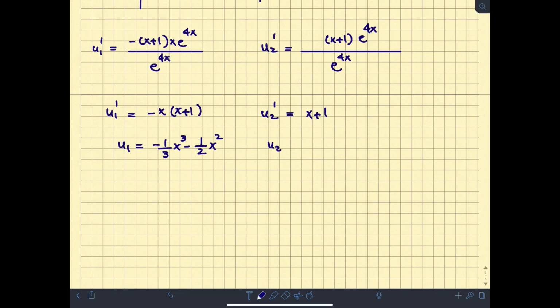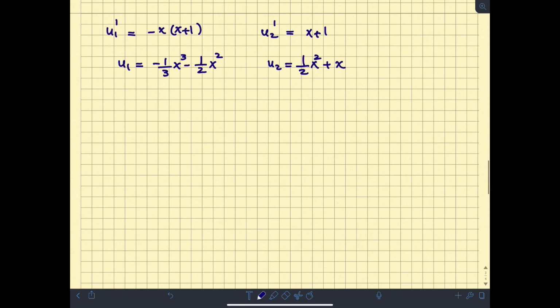And in the same way, my u2, if you do simple integration, will be 1/2 x squared plus x, and you need not worry about constants at this point. So therefore, my y particular now, since I have my u1, u2, y1, and y2, I could just write my particular solution right now all together. It will be minus 1/3 x cubed minus 1/2 x squared, and I have to multiply that by my first fundamental solution, which is e to the 2x.